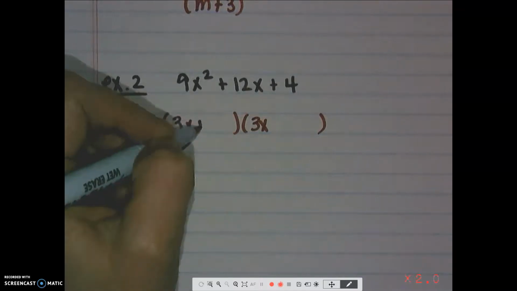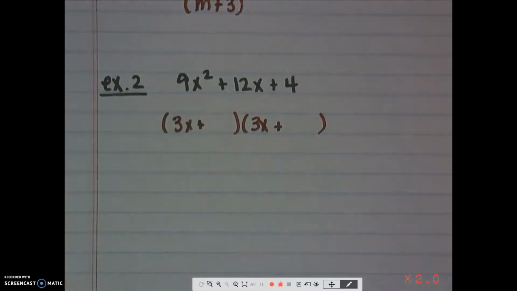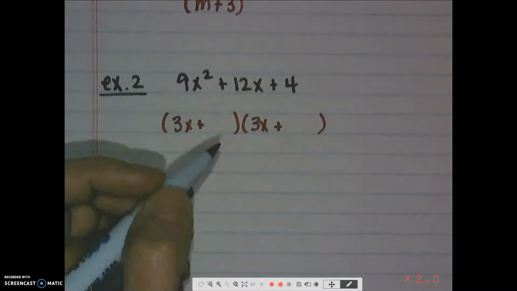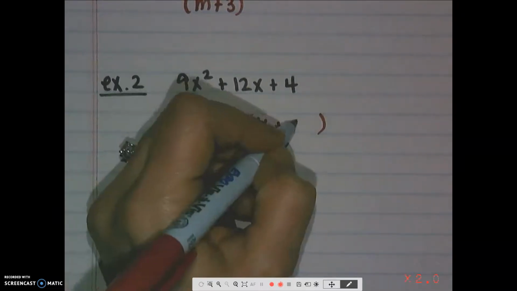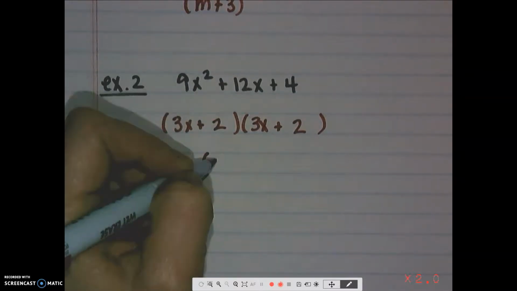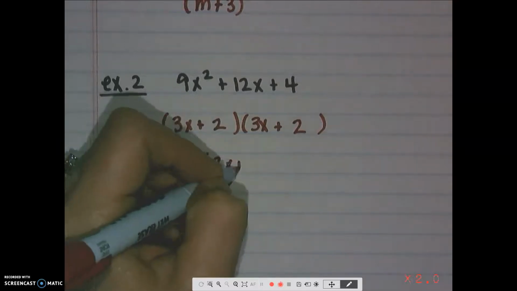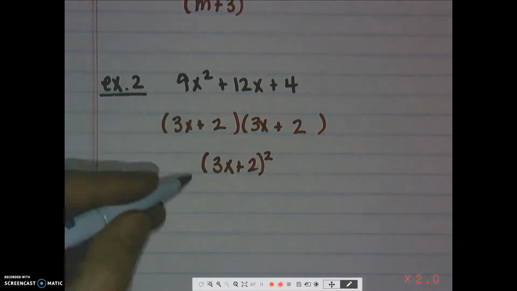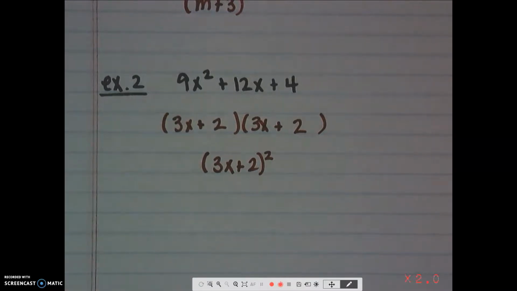Since it's a plus, we will need both positives. And the back two numbers need to multiply to give us this 4. So if we use 2 and 2, that's going to give us the exact same parentheses, which means that we can write it as 3x plus 2, that quantity squared. Either one of these is acceptable as well.